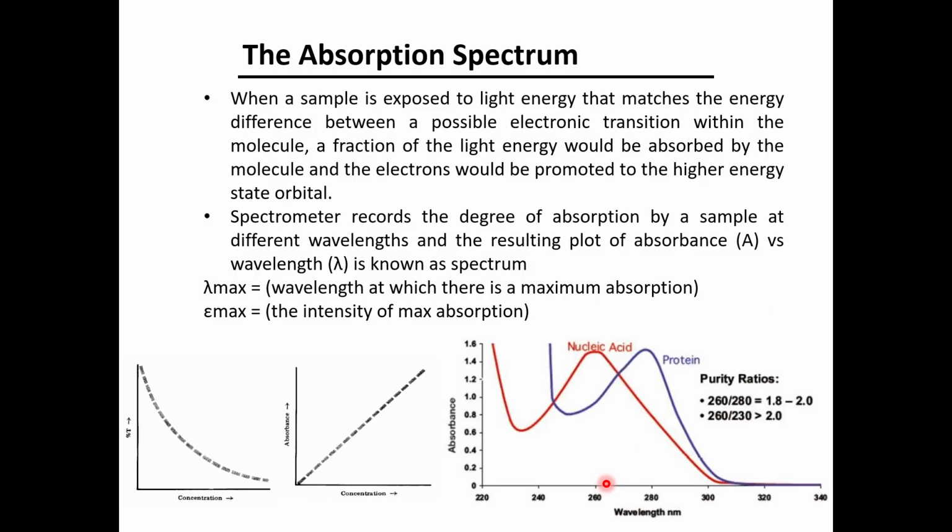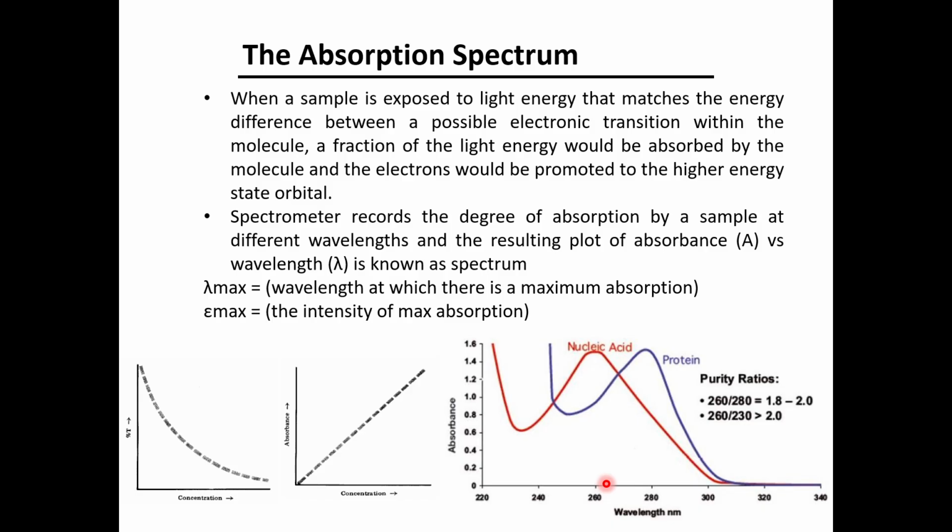The absorption spectrum: when a sample is exposed to light energy that matches the energy difference between possible electronic transitions within the molecule, a fraction of the light energy is absorbed by the molecule and the electron is promoted to a higher energy state orbital. An orbital is the region around the nucleus where the probability of finding an electron is maximum.